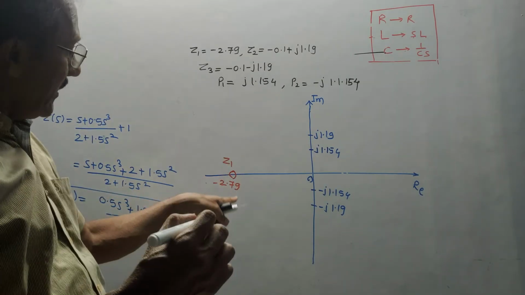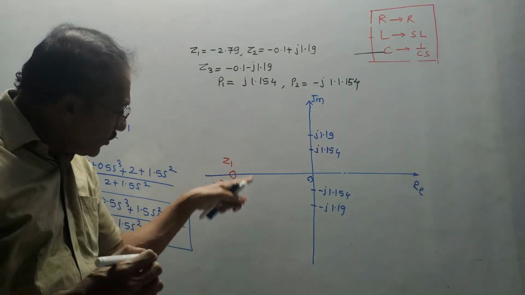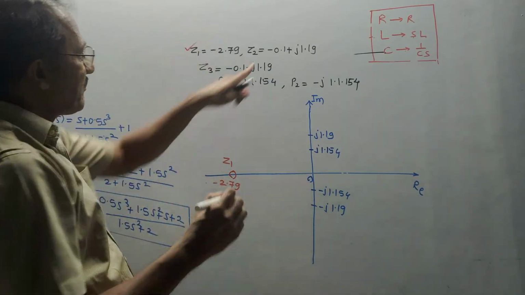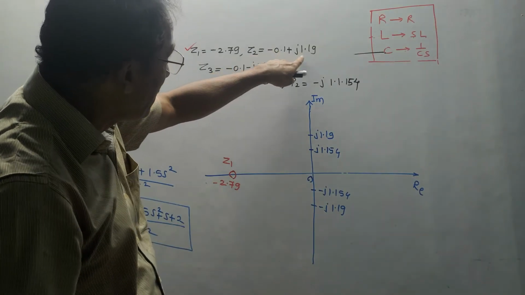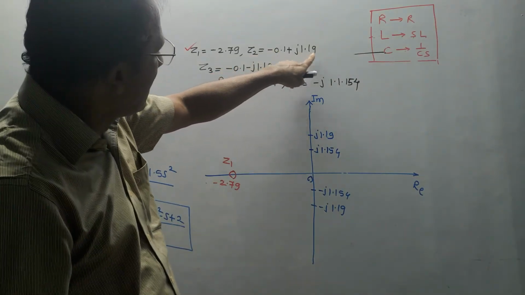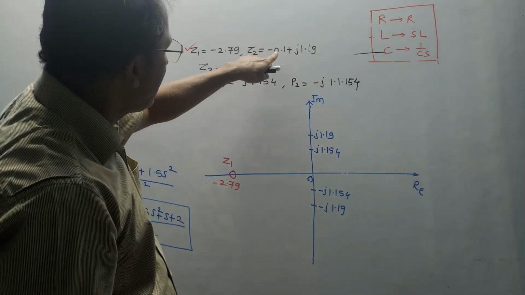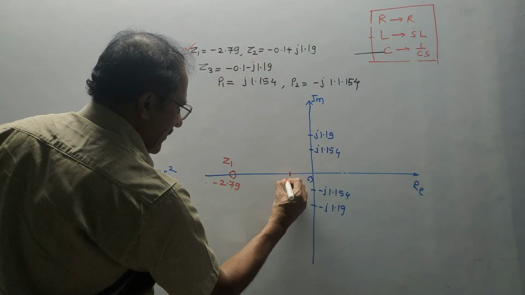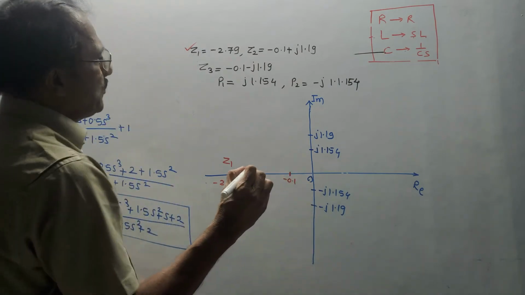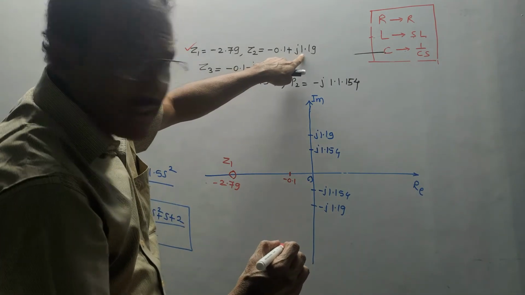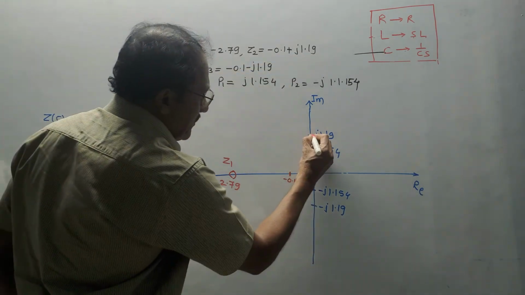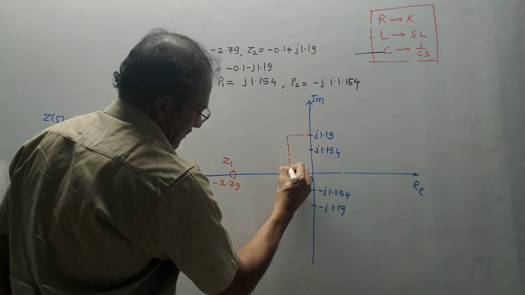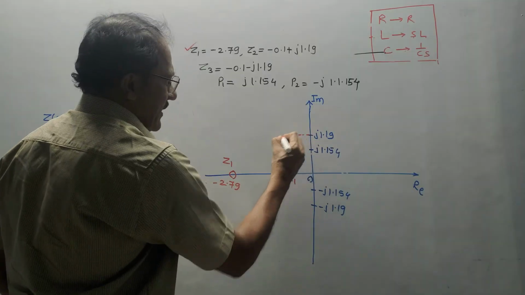What I taught you, zeros are denoted by small circles. So this is the first value Z1 which we completed. Z2 is minus 0.1 plus J 1.19. How to do it? It is minus 0.1. So let us say minus 0.1 is somewhere here, and the value of J is plus 1.19. So this is plus 1.19. Take the intersection of these 2 points, minus 0.1 and J 1.19.